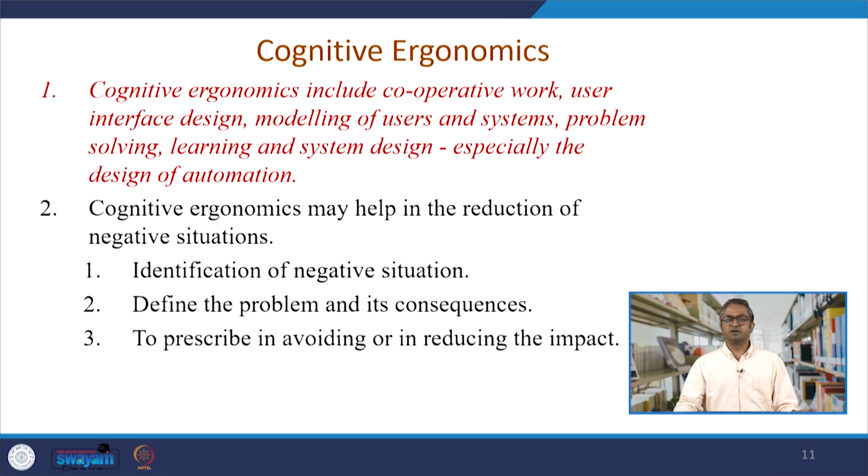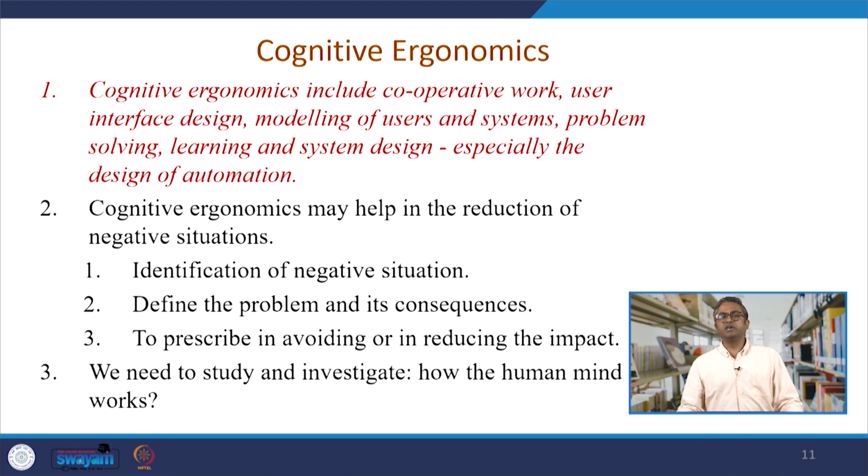It addresses how well we understand the problem and its consequences. Thirdly, and the last point, is to prescribe in avoiding or in reducing the impact. To prescribe, to provide a solution, what one can do to avoid such situations. We need to study and investigate such aspects in detail, and several human experiments and human studies are required in this area.